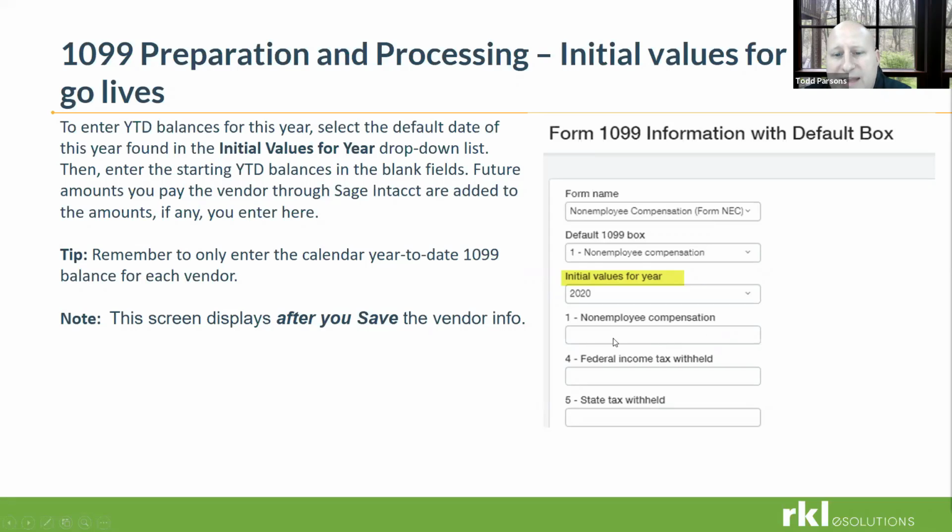Anything that you did in Intacct will automatically add to those at the end, okay? Again, tip, remember, only enter the calendar year-to-date 1099 balance for each vendor from your old system.